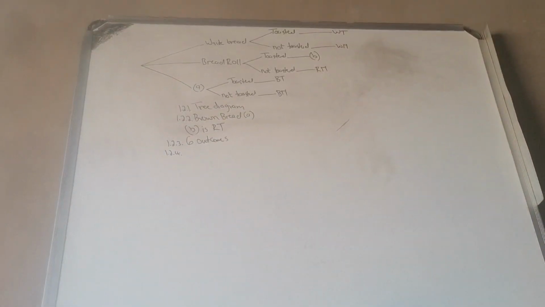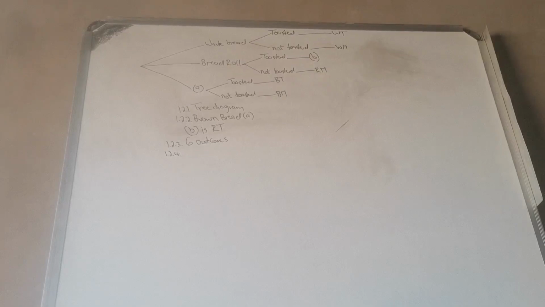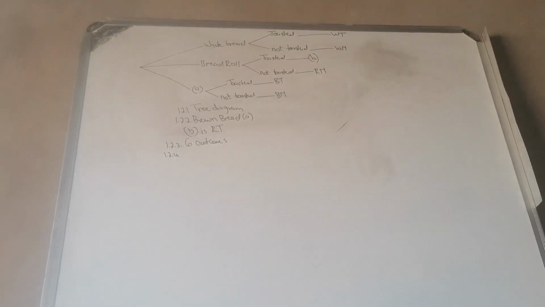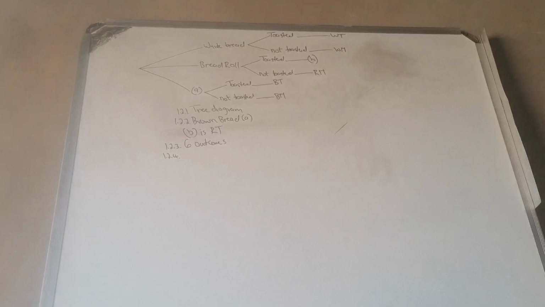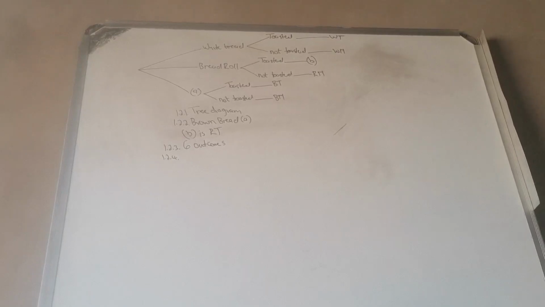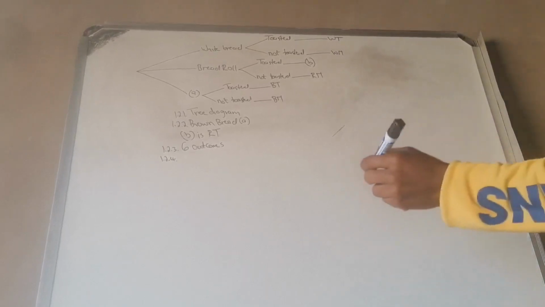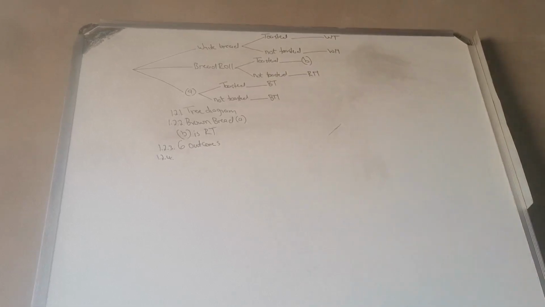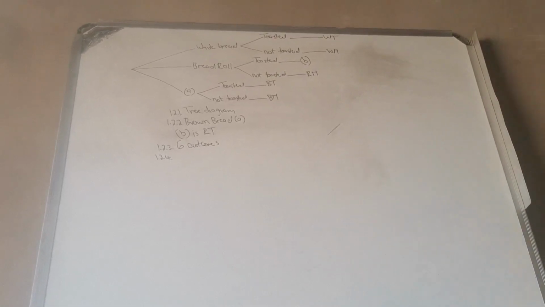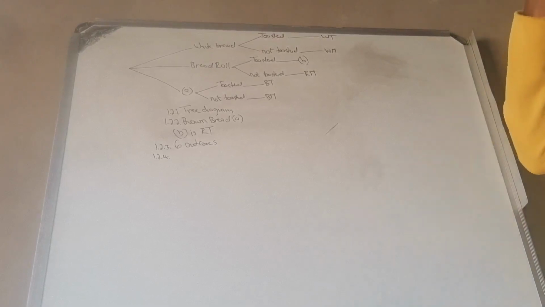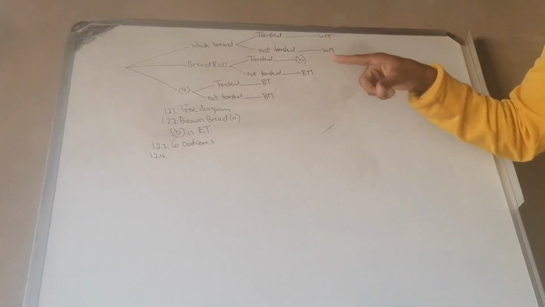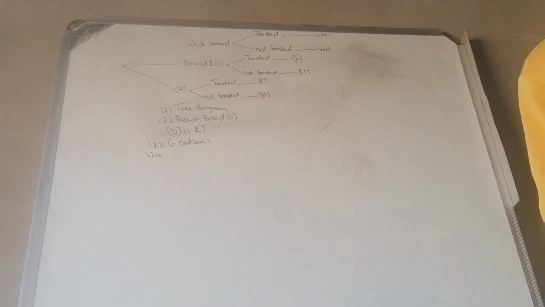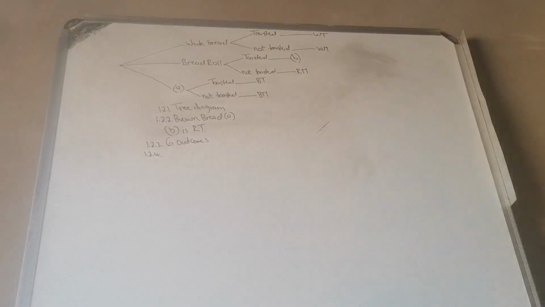What does the next question say? Calculate the number of toasted bread outcomes. They are not specific again, whether white toasted or brown toasted.